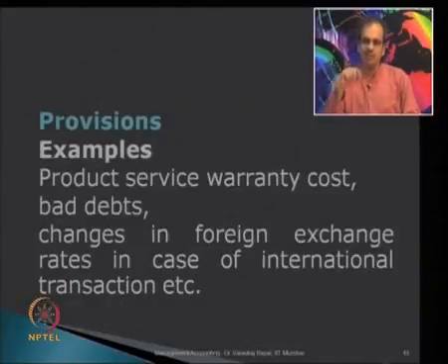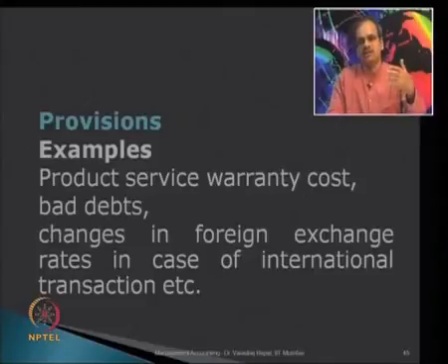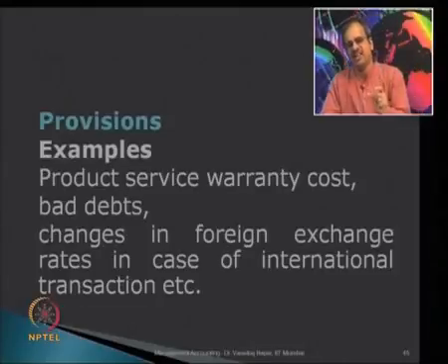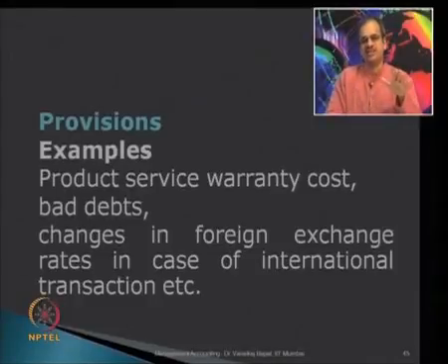Some more examples of provision. One is product or service warranty cost. Let us say we have sold a product and we give a warranty for the next 3 years. If any fault occurs in the next 3 years, the manufacturer will have to repair it without any charges.